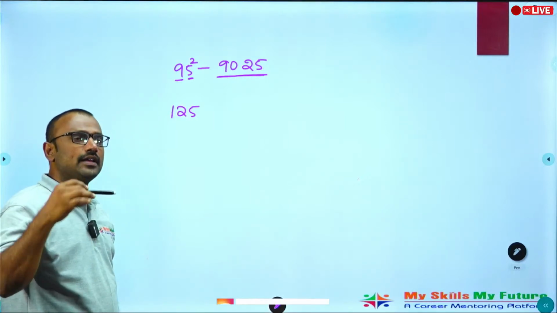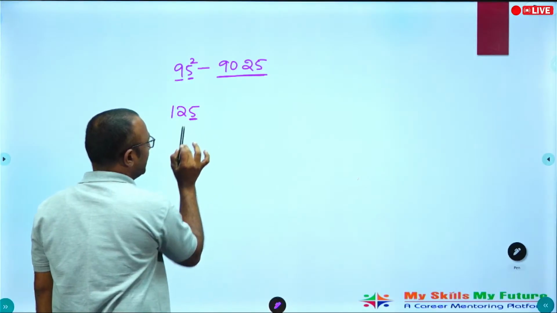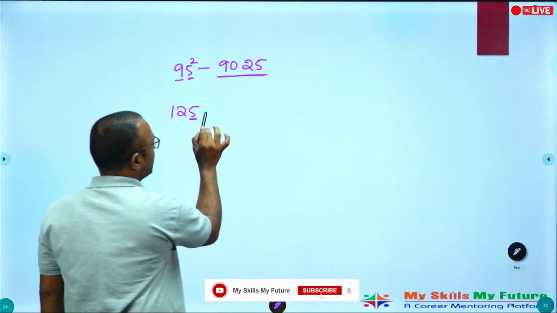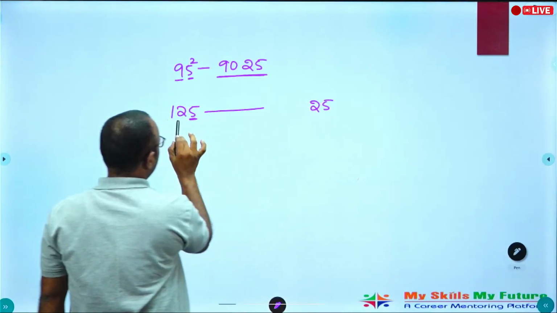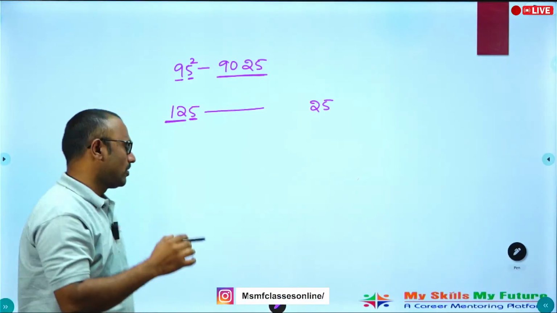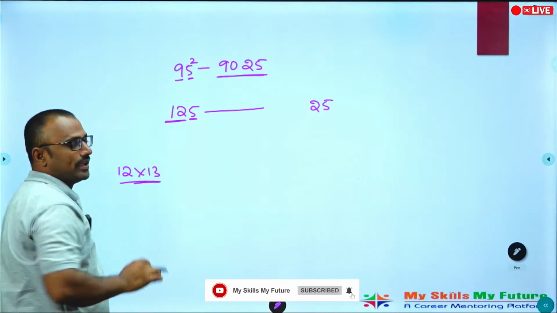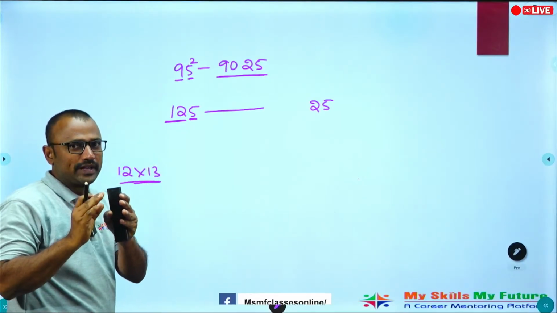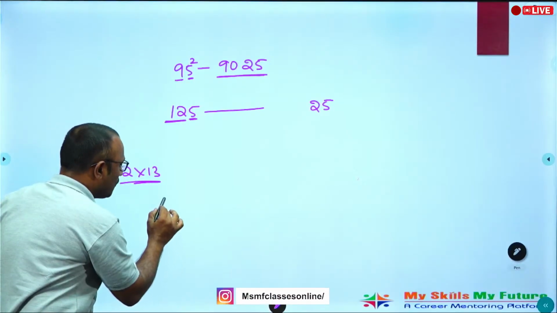Suppose we need to find 125 square. We have unit digit 5, so write 5 square, 25. Here we have 12, and 12 into 13 is somewhat complicated, so I will say a simple technique. 12 square is 144.